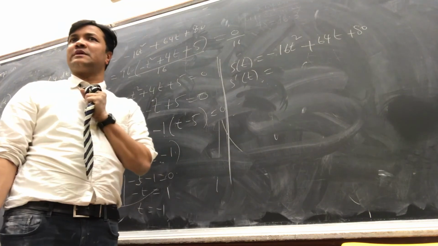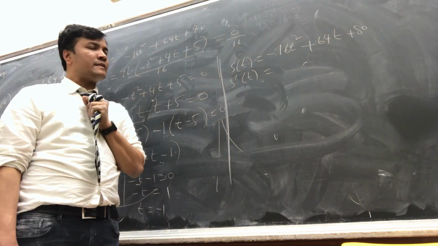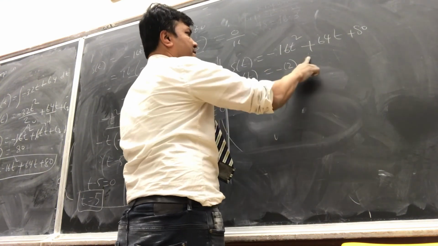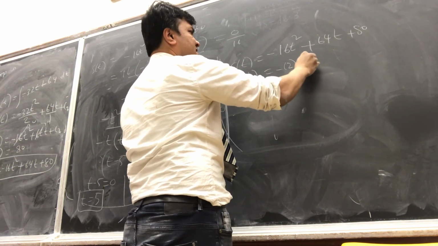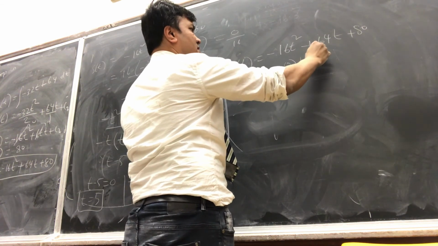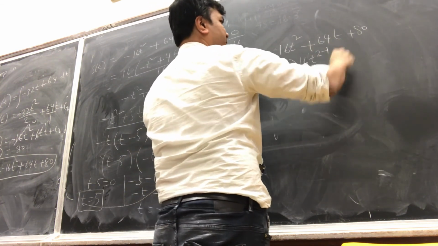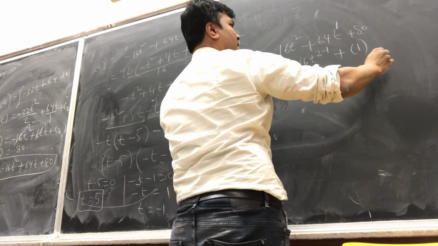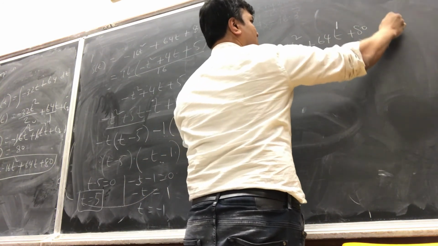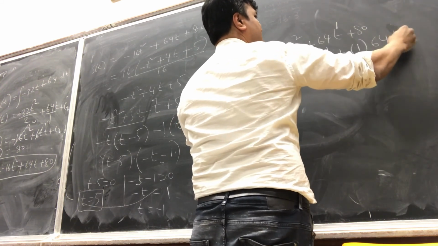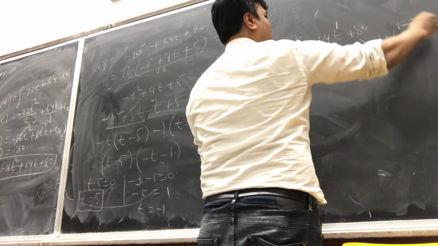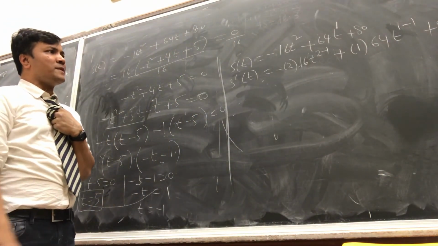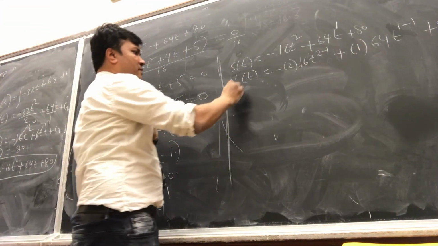Minus 16 multiplied by 2, t to the 2 minus 1, and then 64 t to the 1 minus 1, plus 0. Is that okay with everyone? Yeah.